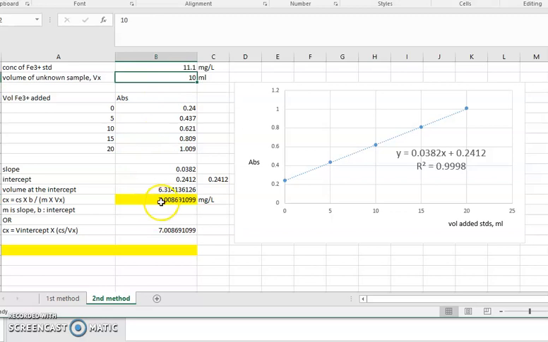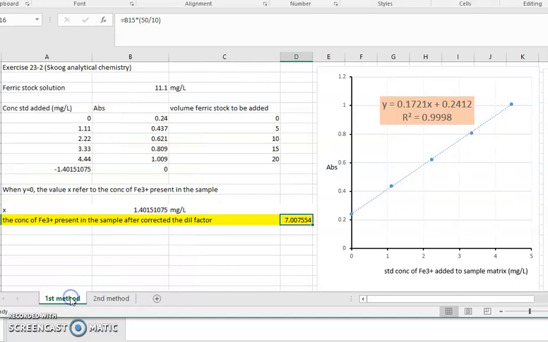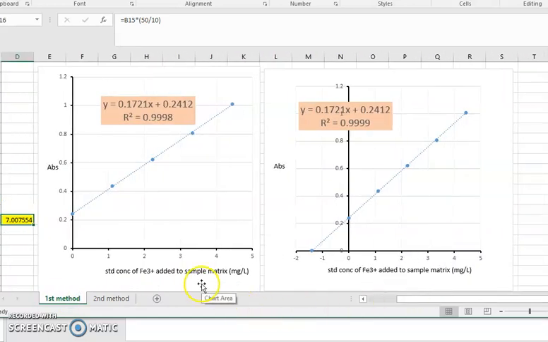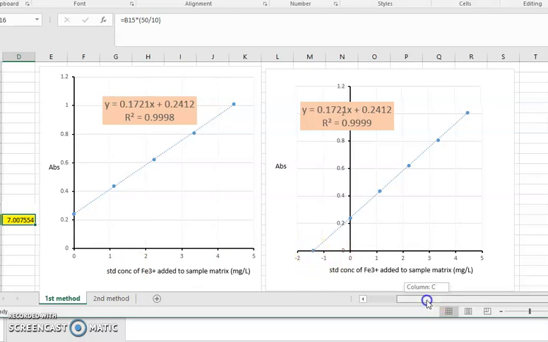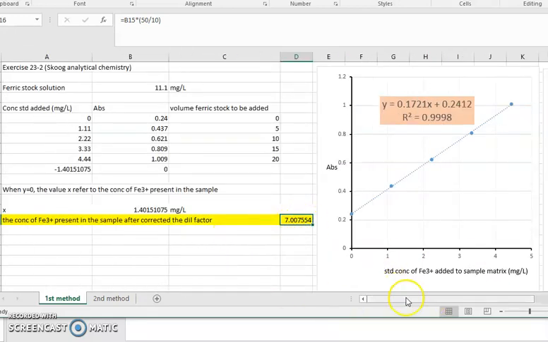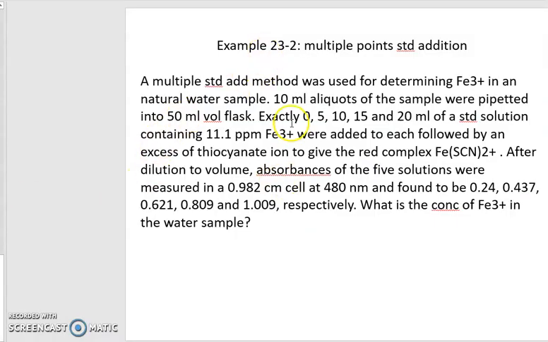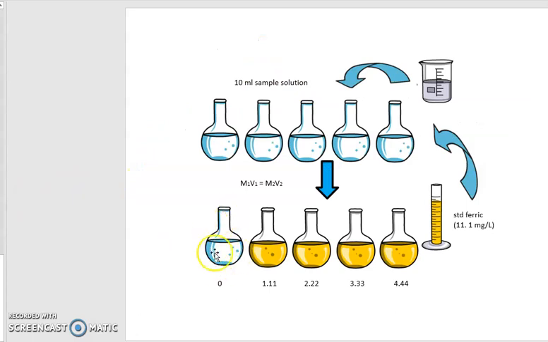So you don't need to multiply with a dilution factor, which you did when you constructed the calibration curve from the unit of concentration. With that, you have to multiply with the dilution factor, because the value actually represents the concentration in the diluted sample, which in this example is in 50 mL, not in the original sample.